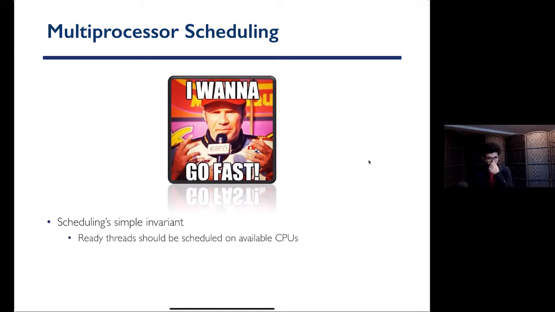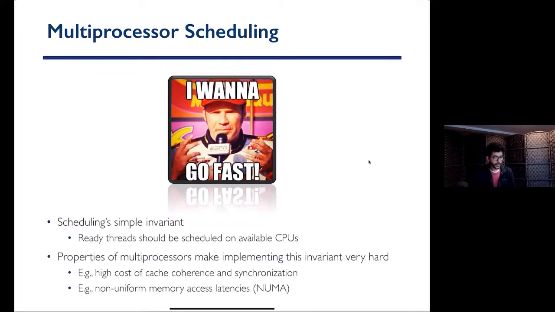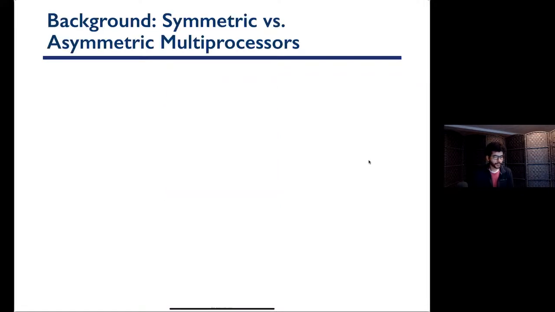And this is in the context of work conserving schedulers. So if you have a CPU and you have a task to do, then do it. Don't wait. Now we'll see that implementing this very simple invariant, or this very simple goal, is going to be hard in multiprocessors. It's going to be a lot harder than doing it in a uniprocessor.